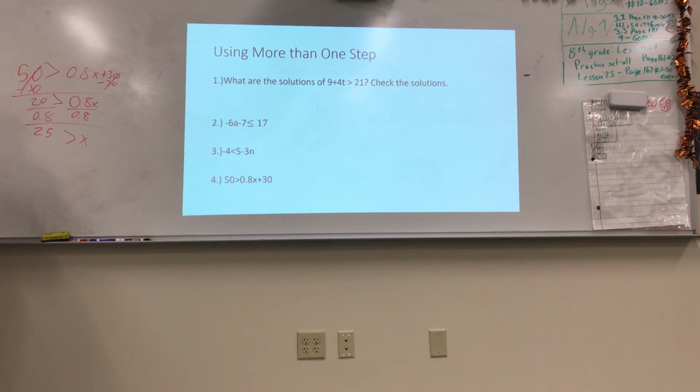One thing I might try is 10. If I do 10, that's only going to give me 8. 8 plus 30 is 38, which is less than 50. So that one works. Let's go to the next one.